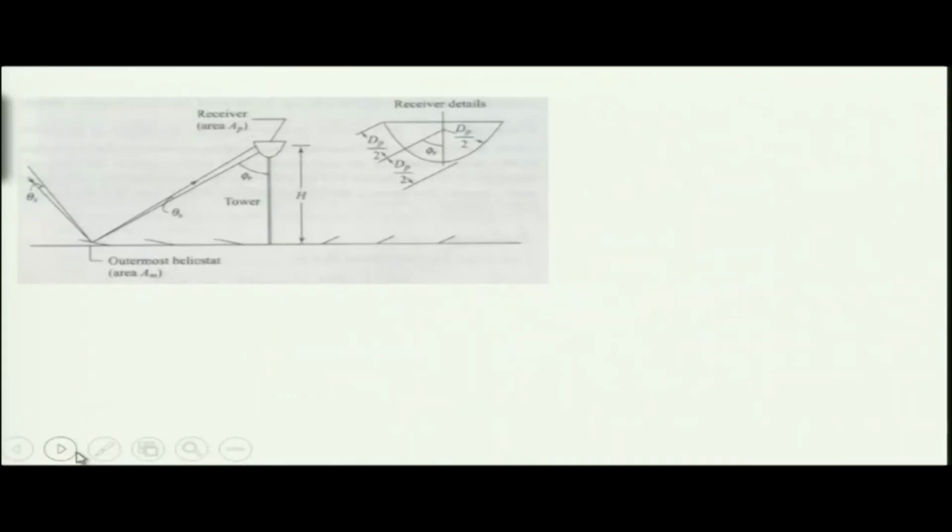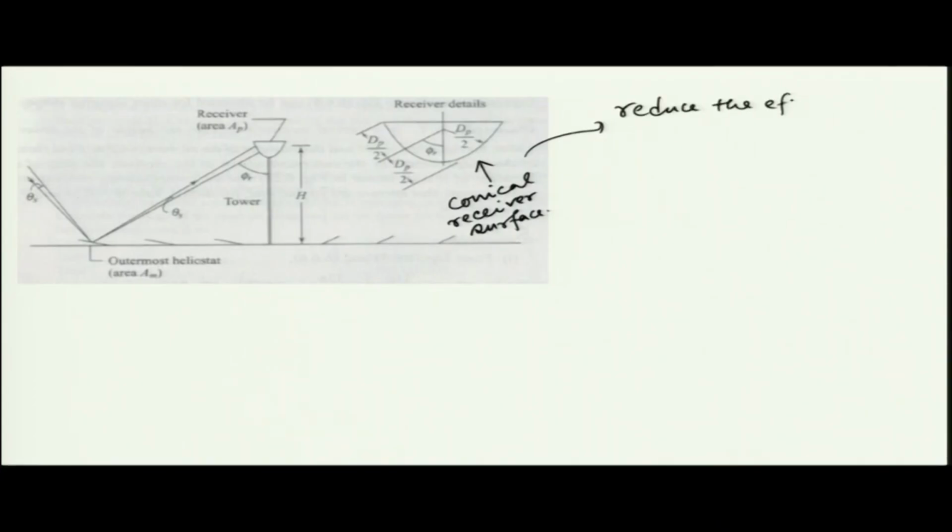Now, we can have this kind of receiver where you have a conical receiver surface, which will basically reduce the effect of tilted incidence. Okay. So, that is often used.